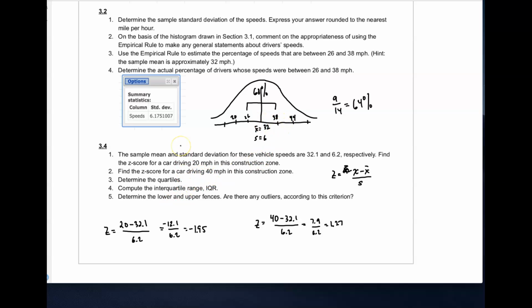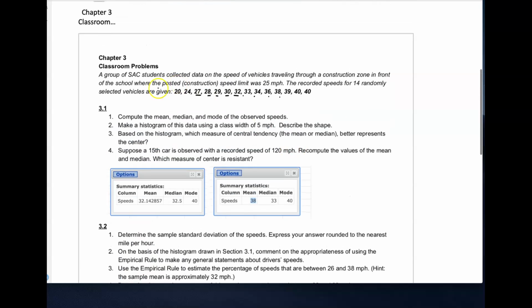Determine the quartiles. That's Q1, Q2, Q3. To determine the quartiles, you line the data up, right? 1, 2, 3, 4, 5, 6, 7. So here's the middle. Here Q2 is equal to 32.5, which is the median, which we knew.